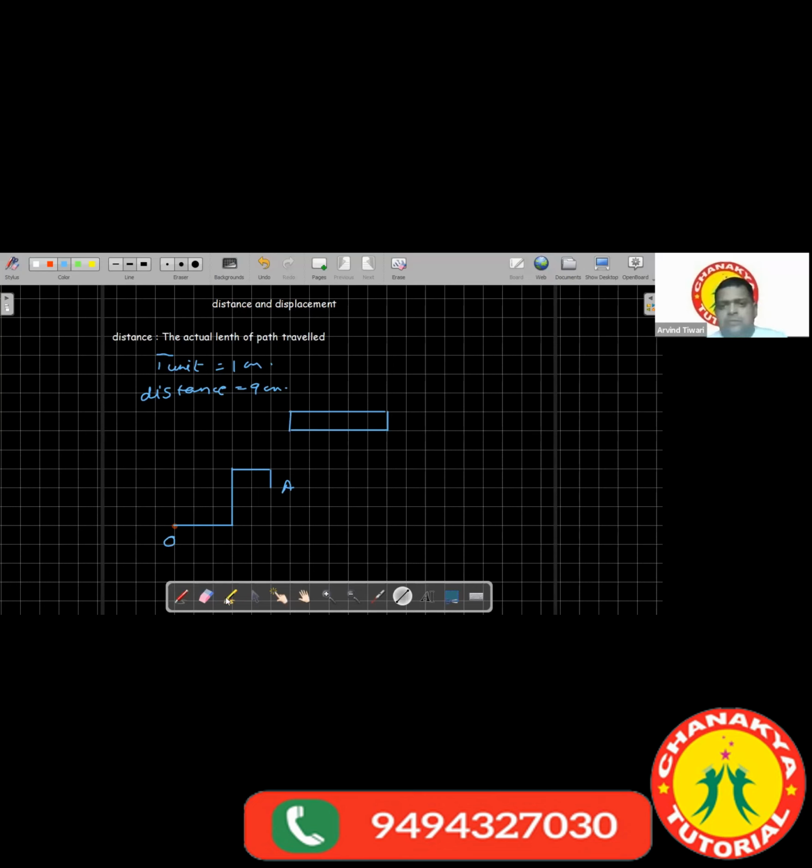Here my starting and end points are the same. How much distance have I traveled? 12. So this is 5 centimeter, you have 2 centimeter and 5 centimeter. You add up all of them and you get the answer as 12 centimeter. So the length of the actual path that I am traveling will be called the distance. We can have a similar example.